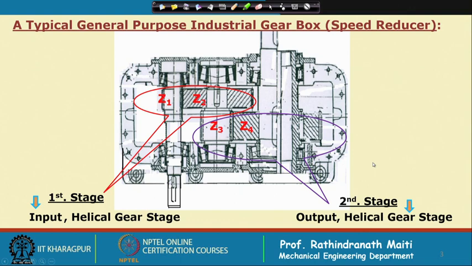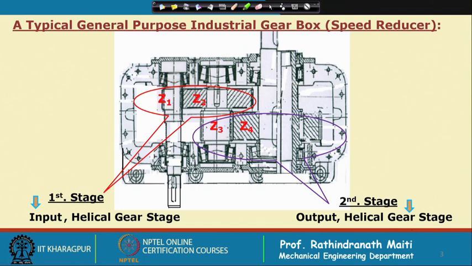Now, this is a simple reduction gear unit we have considered, but there might be more stages. That means, in this case there will be another pinion, then another gear here, and that may be connected to the output or further reduction will be there.